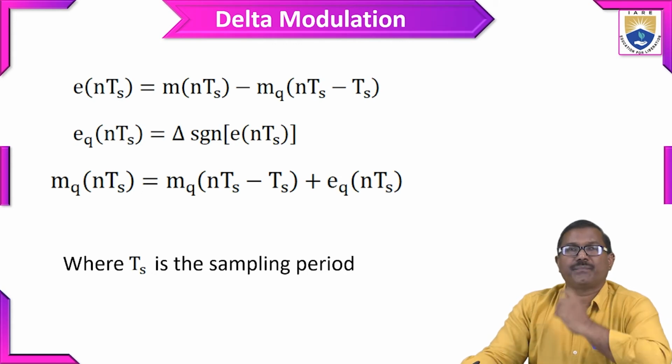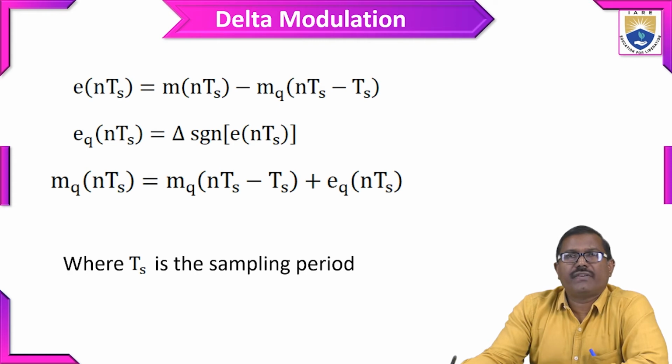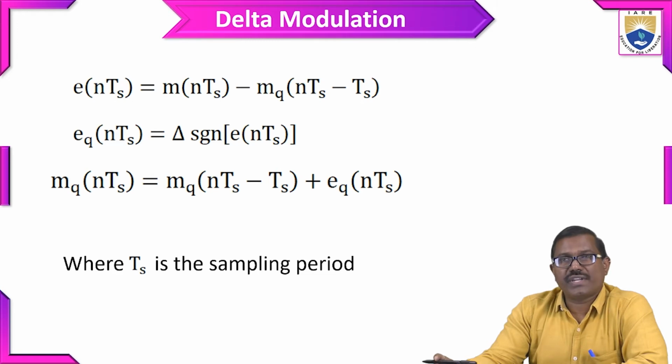So here it shows that e(nTs) is equal to m(nTs) minus mq(nTs minus Ts). Already we know that m(nTs) is the input sample signal, and mq(nTs minus Ts) is the delayed approximation, and eq(nTs) is the quantized signal.